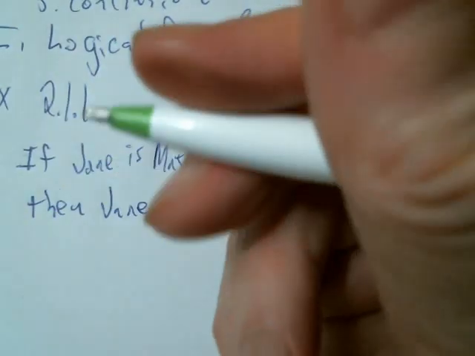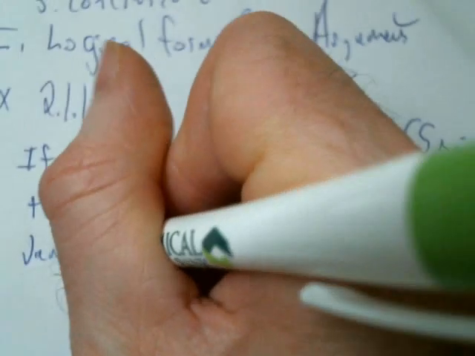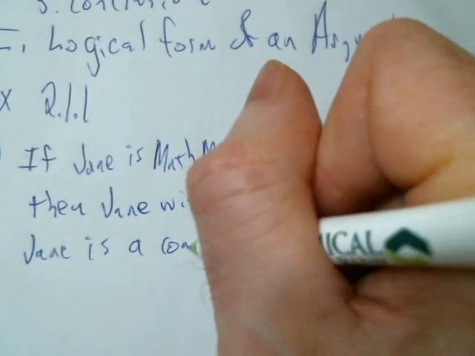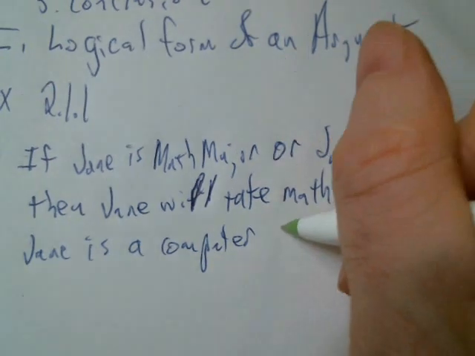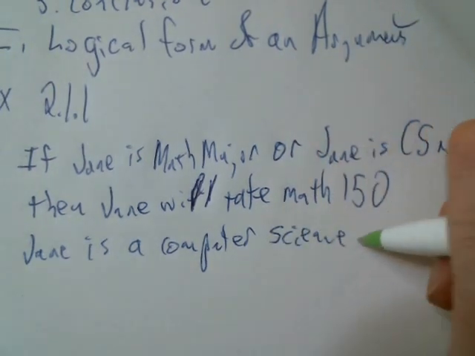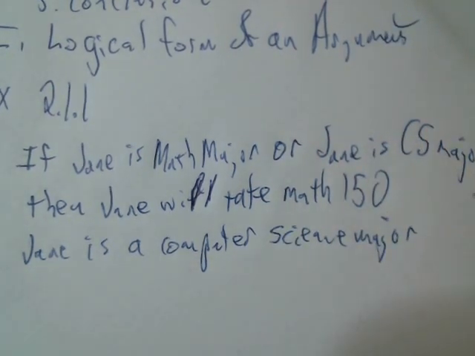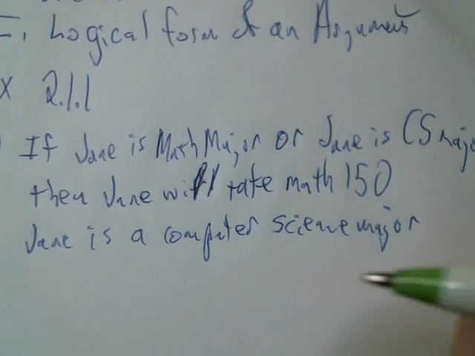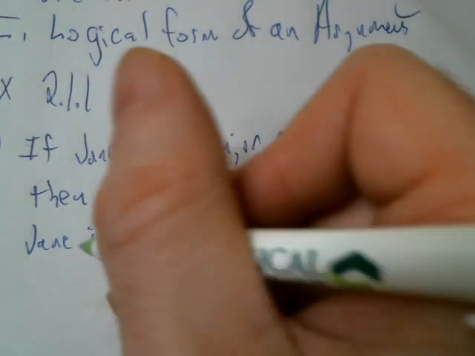The second statement then, Jane is a computer science major. And then our conclusion, therefore Jane will take math 150.